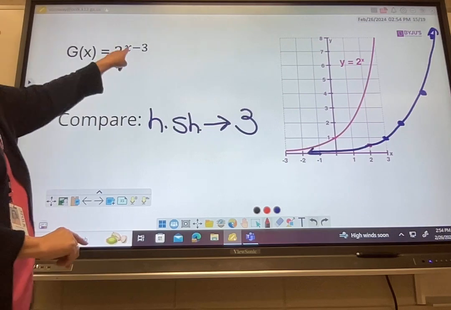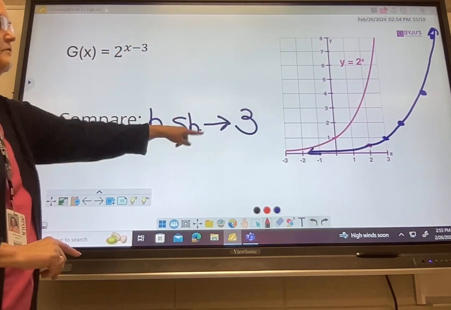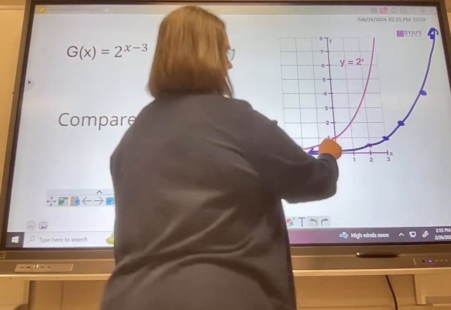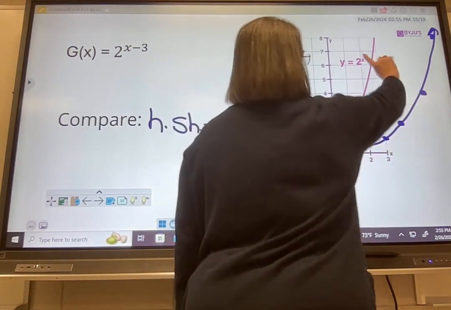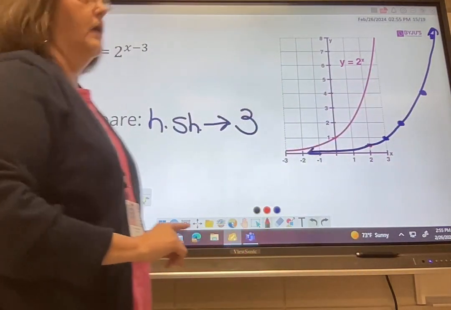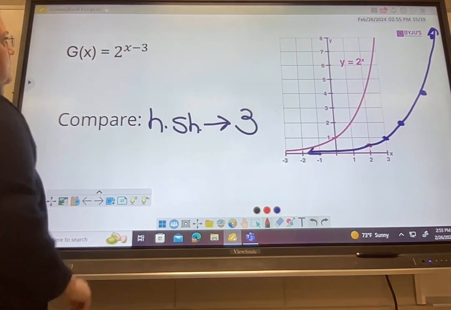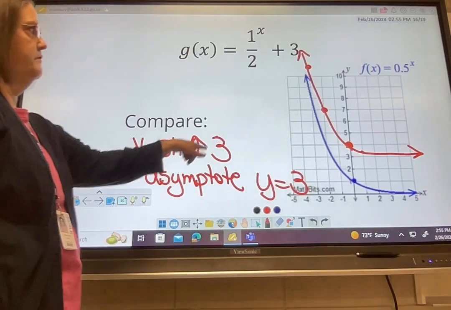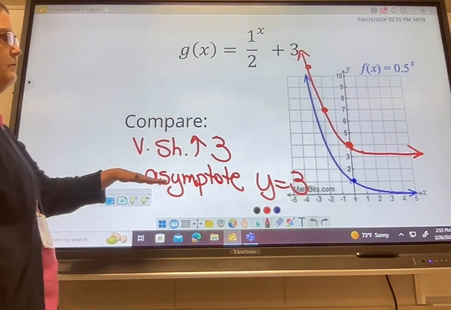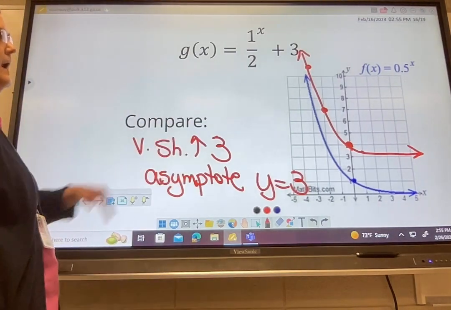This one's going to be a horizontal shift to the right of 3. And again, you take a corner and you move it right. I just moved it right 3 and made my new graph. And this is a vertical shift up of 3. I wrote here it has an asymptote of y equals 3.